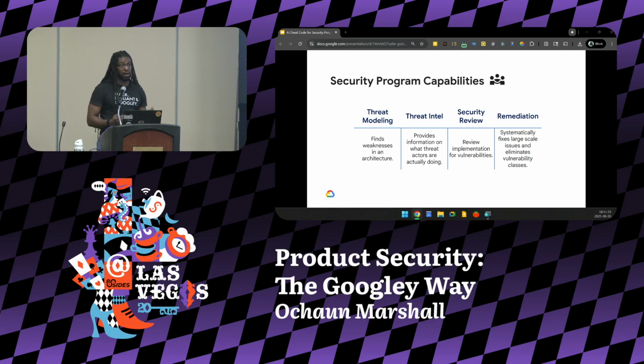And then when you find things, you need to think about remediation. And you need to think systemically. How can we eliminate entire classes of vulnerabilities rather than playing whack-a-mole each and every time? This could mean building better frameworks. This could mean building better libraries or tools that make it easier for all the developers to write secure code by default.